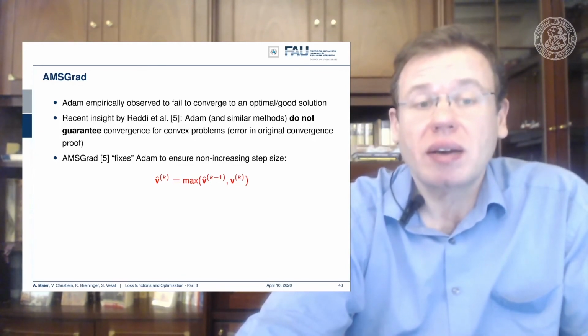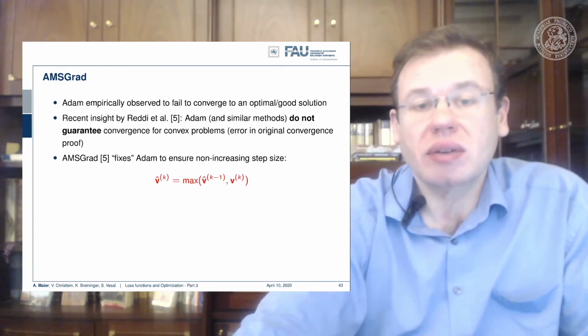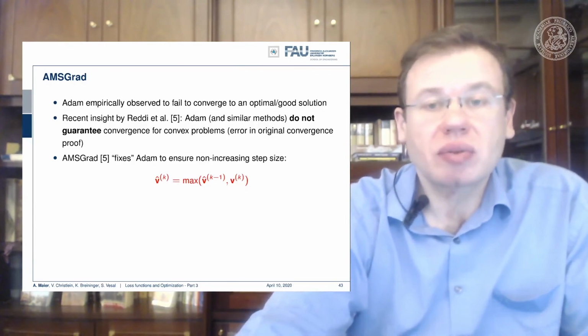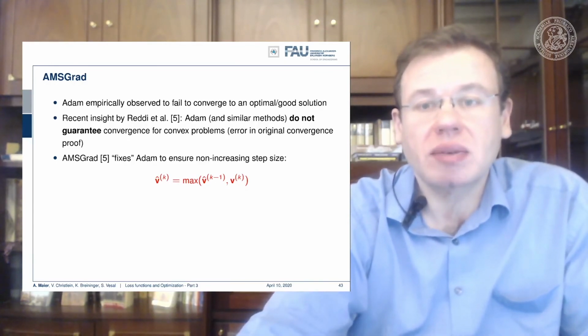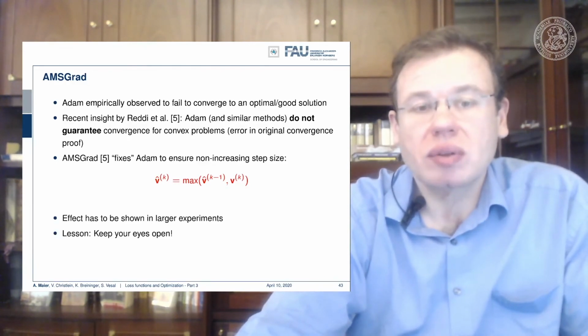And therefore we suggest to use AMSGrad that fixes Adam to ensure non-increasing step size. So here you can fix it by adding a maximum over the momentum update term. So if you do this, you result with AMSGrad, and this is now shown to be even more robust. So the effect has been shown in larger experiments.